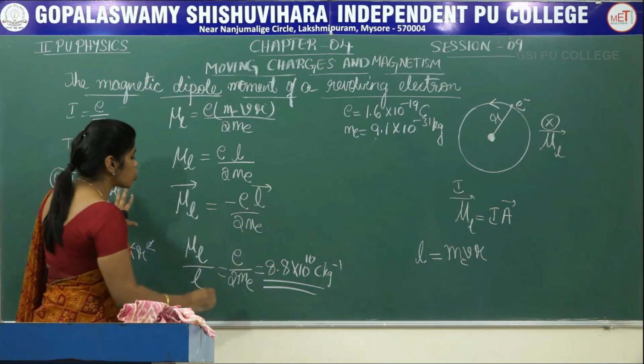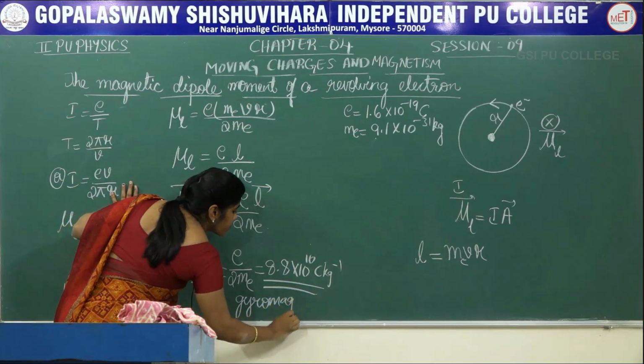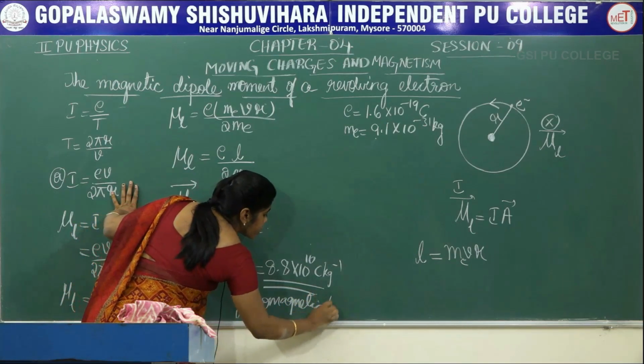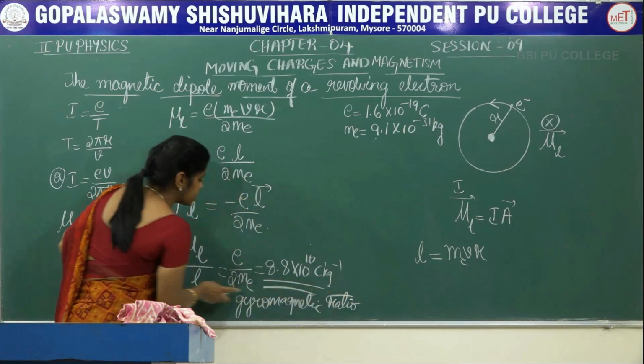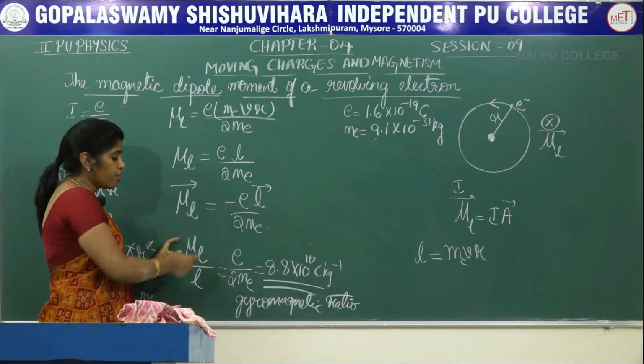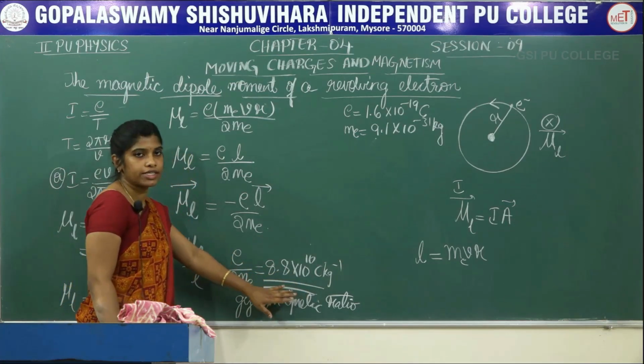This value is called the gyromagnetic ratio, which is nothing but the ratio of mu L to L, and this value is a constant.